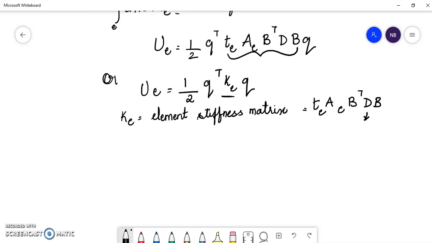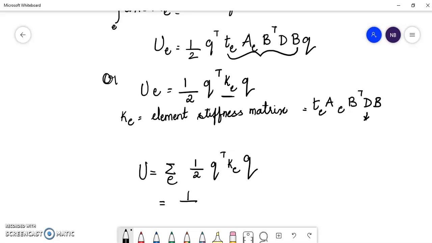Okay, so the strain energy can be given by summation E half Q transpose KE into Q. Okay, so here what we are doing is we are adding up all the element stiffness matrices to form the global stiffness matrix.